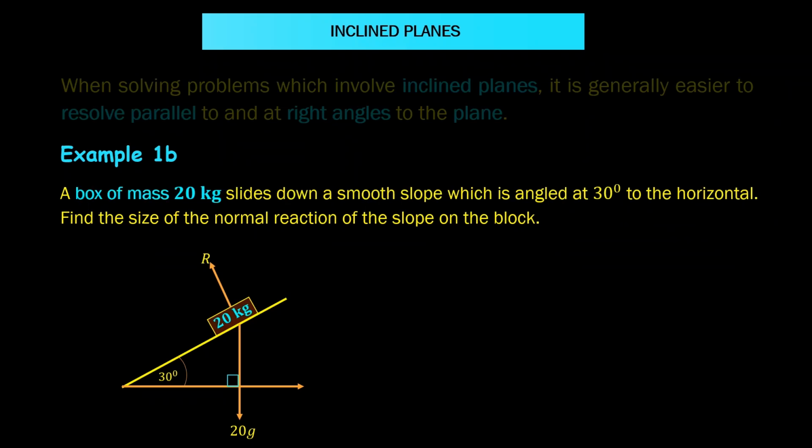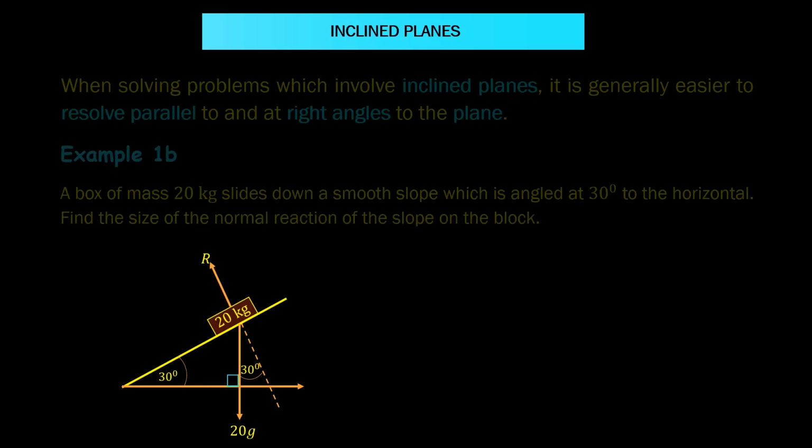Remember, here's our box of mass 20 kg, angled at 30 degrees, and we're required to find the size of the normal reaction. This angle here, remember, is 30 degrees. Resolving perpendicular and parallel to the plane will facilitate our working.